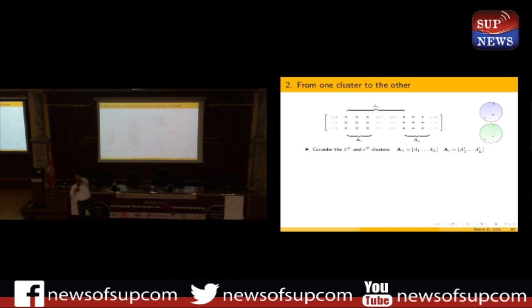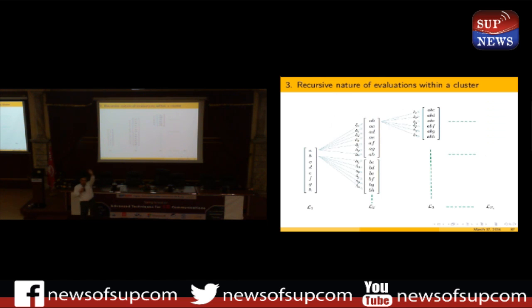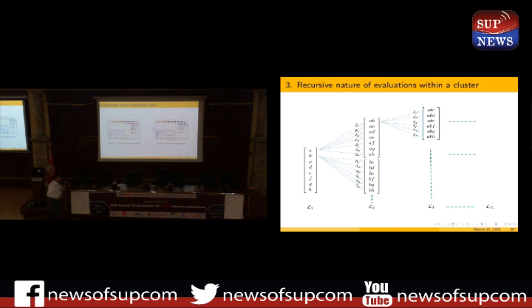When I'm doing these recursive calculations, I can transport all the calculations I did to the other cluster. So this is basically how we can make heavy use of the fact that the matrix is structured, and this results in drastic performance improvement.